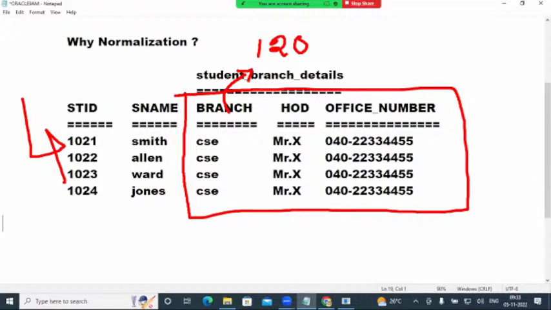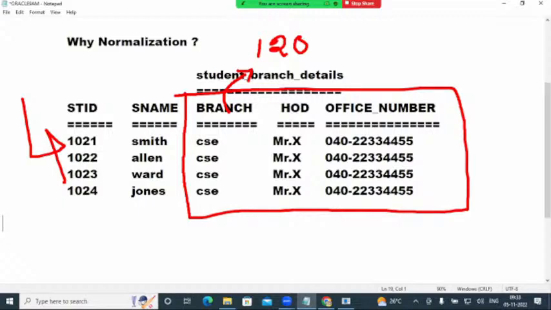If I'm storing these 120 CSC students' information in this table, then tell me, your branch column data is repeated how many times? 120 times repeated. HOD name, 120 times repeated. Office number, 120 times repeated. So that means your data redundancy increases or decreases? It increases.